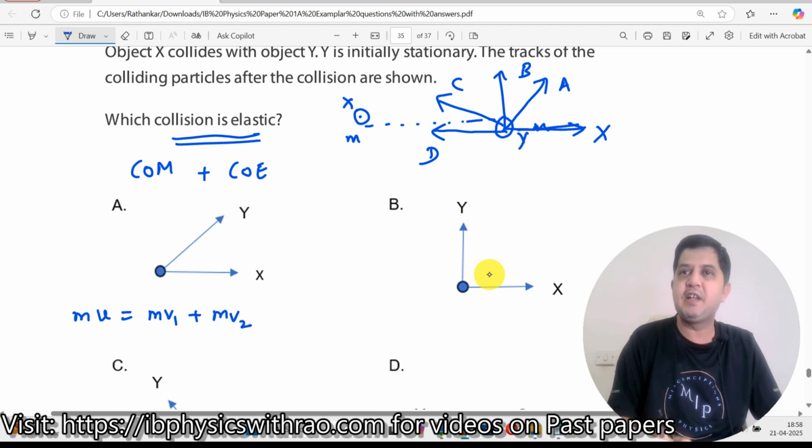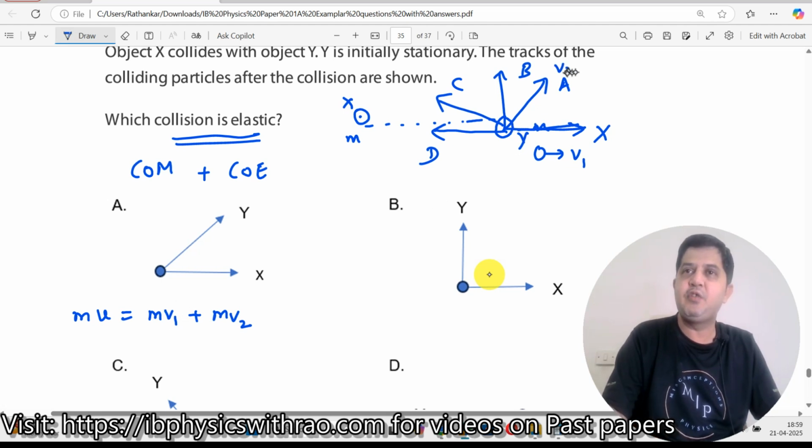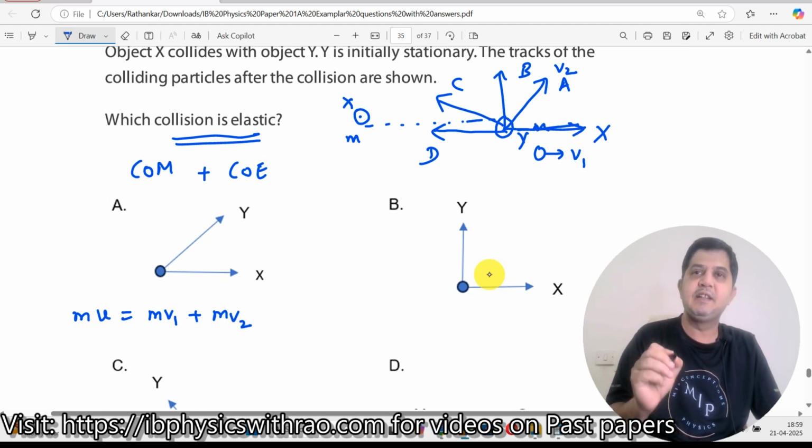I can say along the x-axis, mu is nothing but the momentum along the x-axis. Now, after hitting, maybe X has a velocity of v1, so its momentum is mv1, and Y has a velocity v2. Let us say for example, I will write this as m times v2, which is nothing but the momentum as seen by the particle.